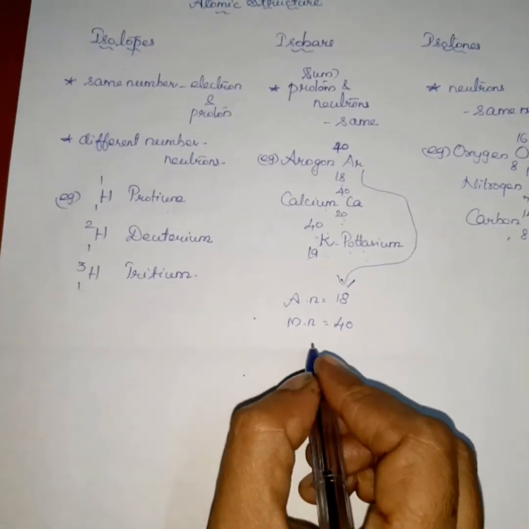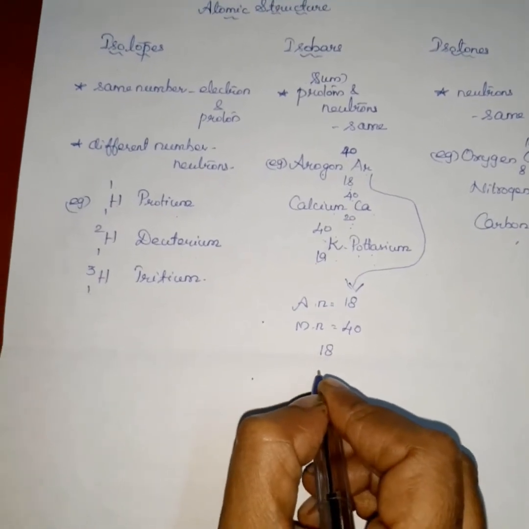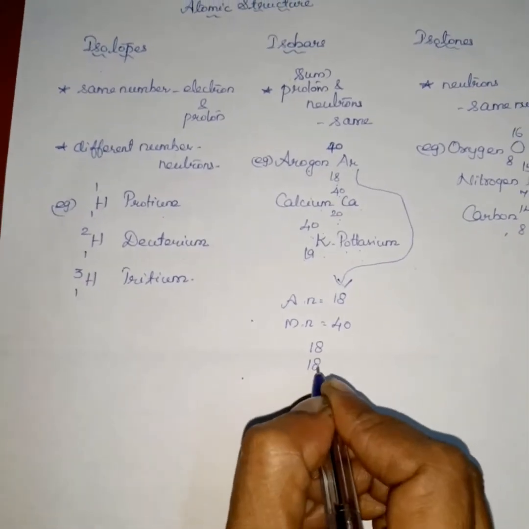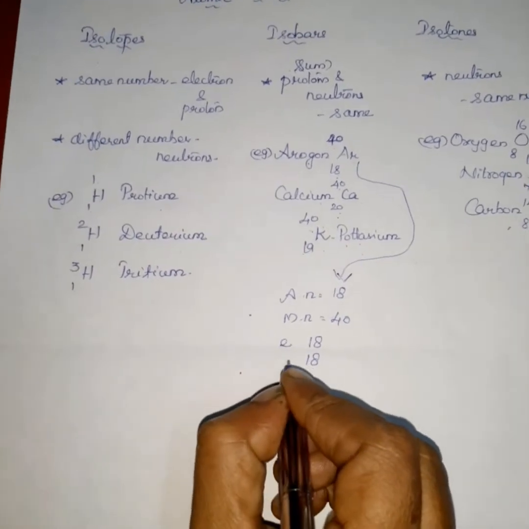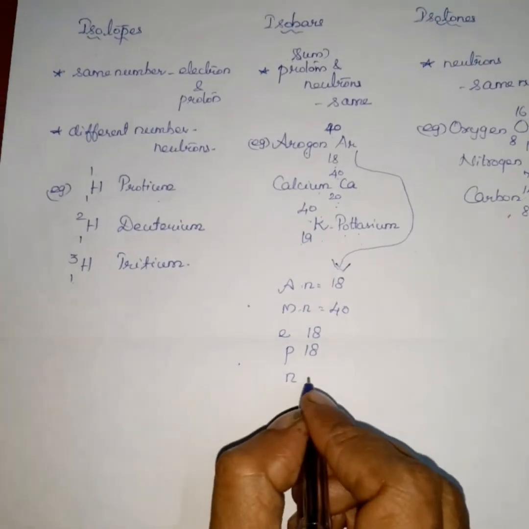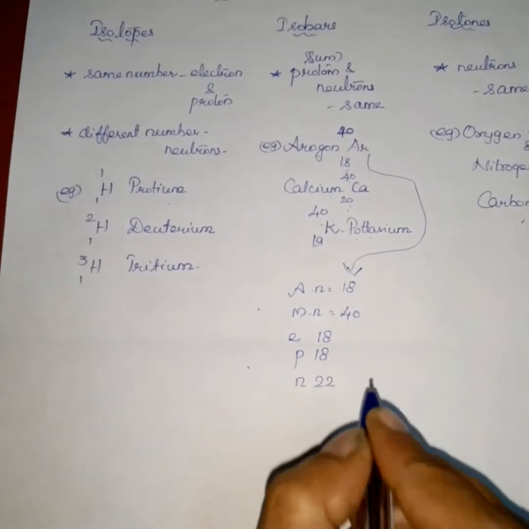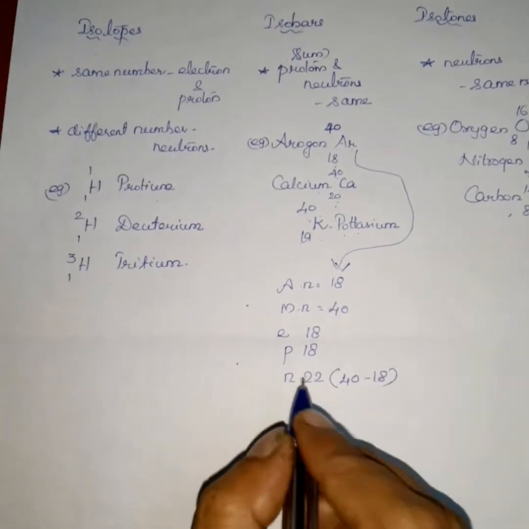How many electrons are there? 18. How many protons are there? 18. How many neutrons are there? 22. How did you get 22? 40 minus 18 is equal to 22.